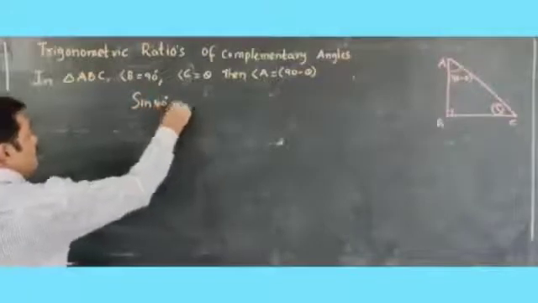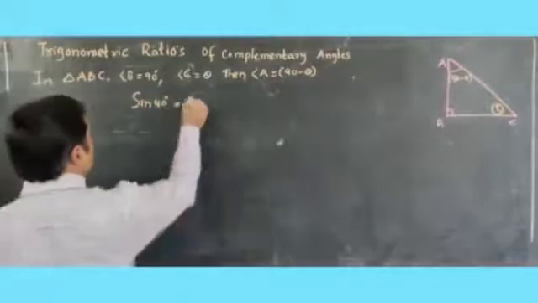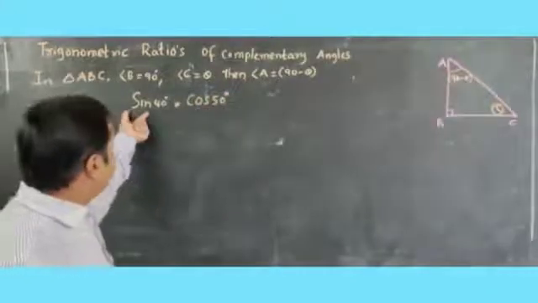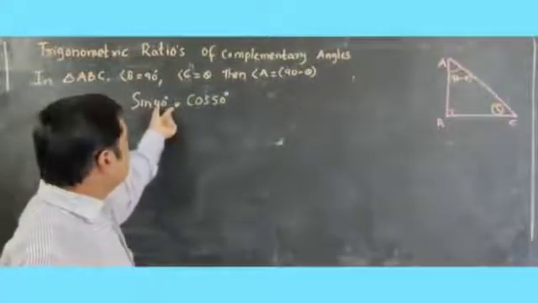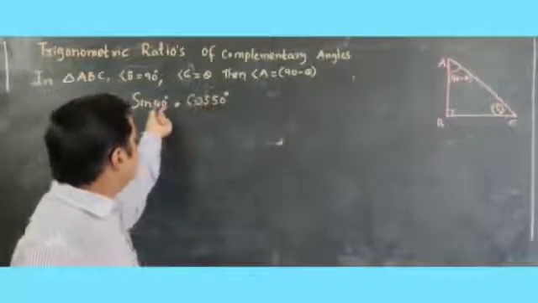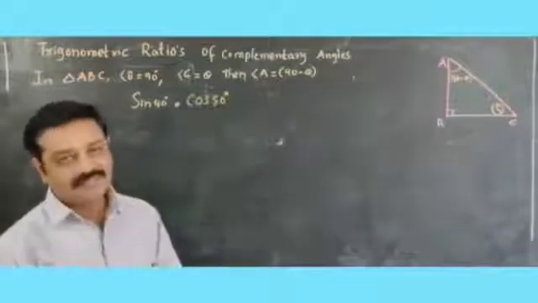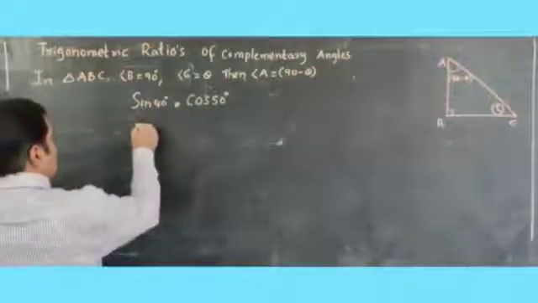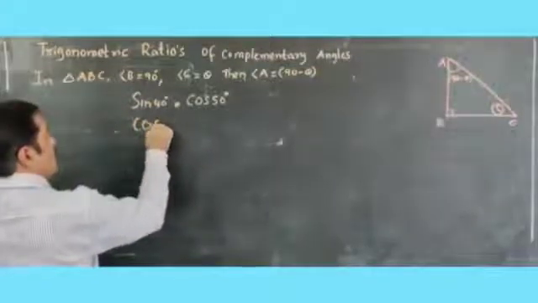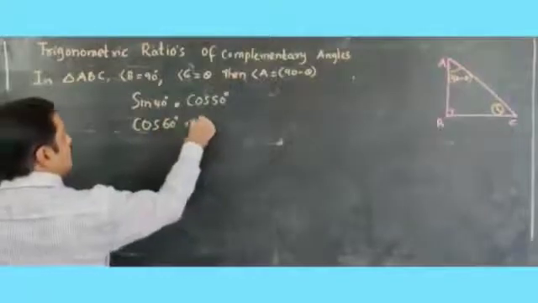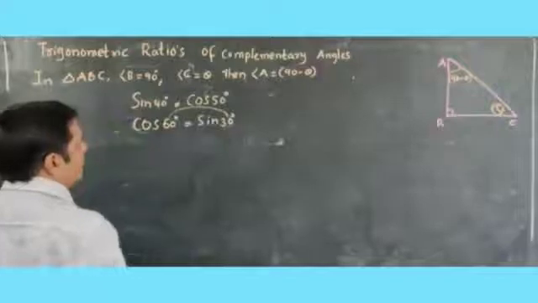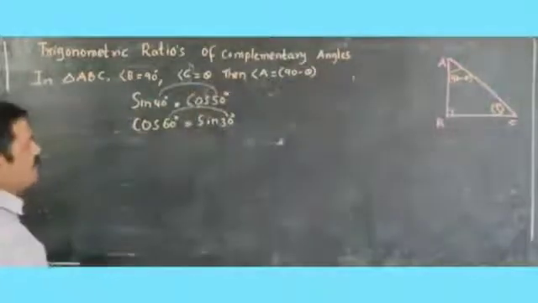The value of sin 40 is equal to cos 50, because we know sin theta is equal to cos 90 minus theta. 90 minus 40 is 50. Sin is converted to cos. See another example: cos 60 degrees is equal to sin 30, because the sum of these two angles is equal to 90.